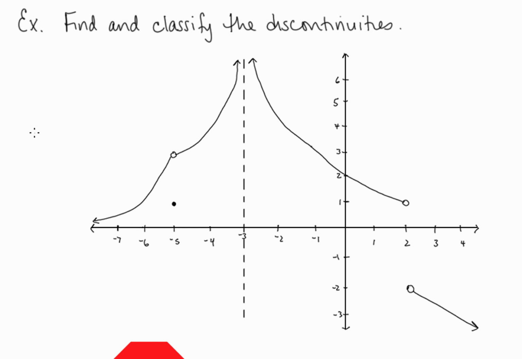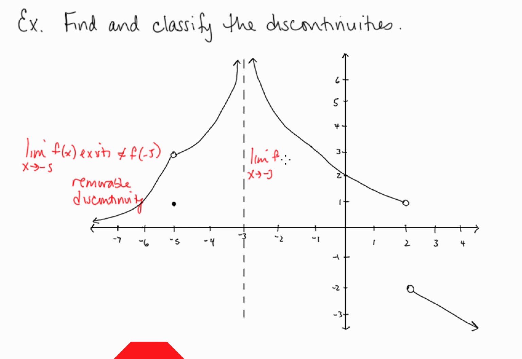Here at -5 we have the limit as x goes to -5 of f of x exists, but is not equal to f of -5. So that's a removable discontinuity. Here at x equals -3, we realize the limit as x goes to -3 of f of x is infinity from both sides.